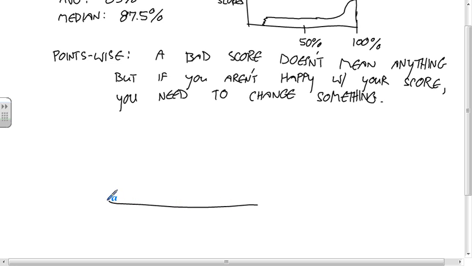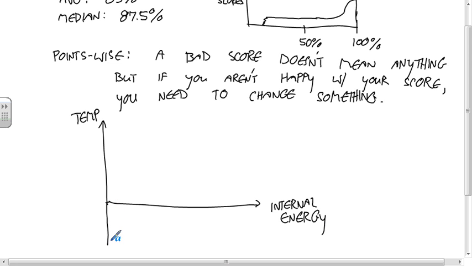So if you have the temperature of a gas on the vertical axis, and you have the internal energy of the gas on the horizontal axis, then if you start out at some arbitrary place, if we think of this in Kelvin, it's going to start somewhere above 0.